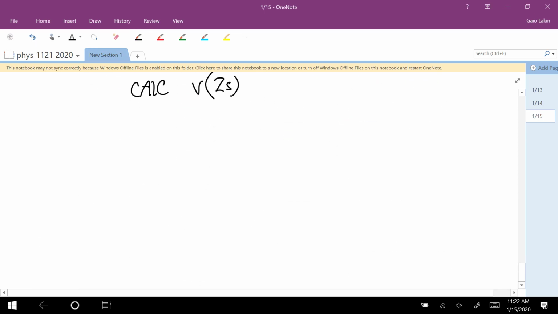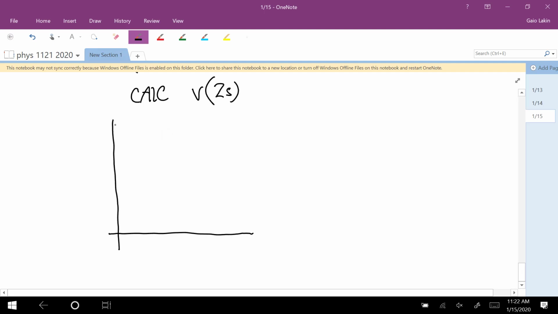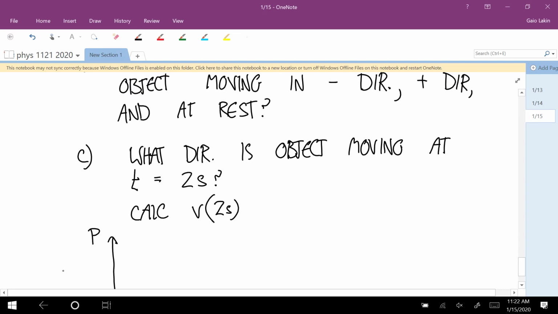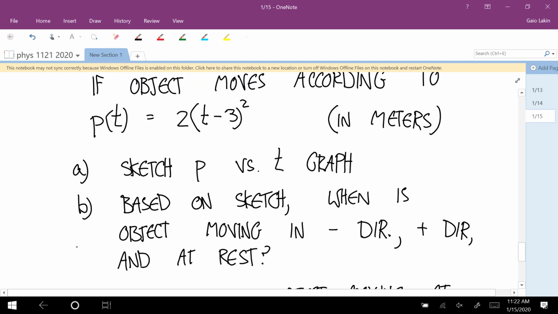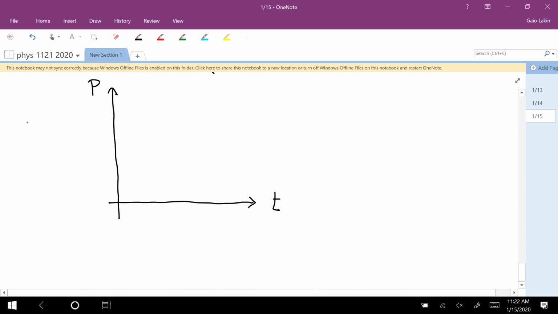Okay, so to sketch this graph, the position is going to be 0 when time is equal to 3.